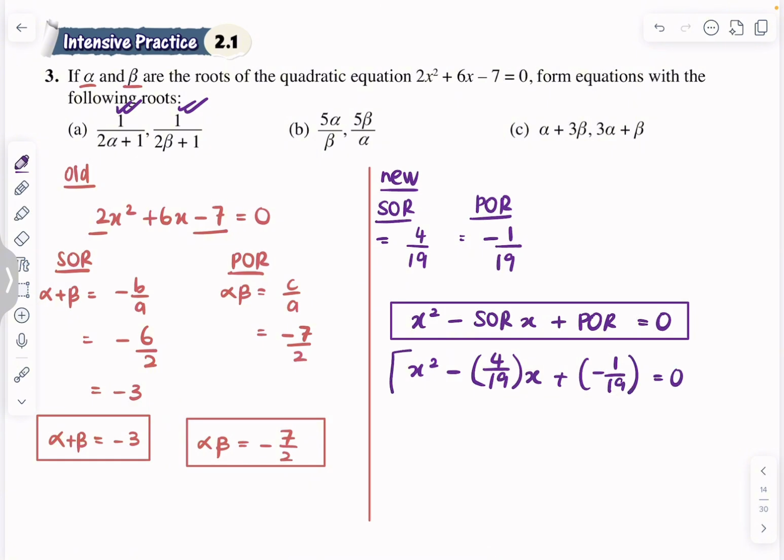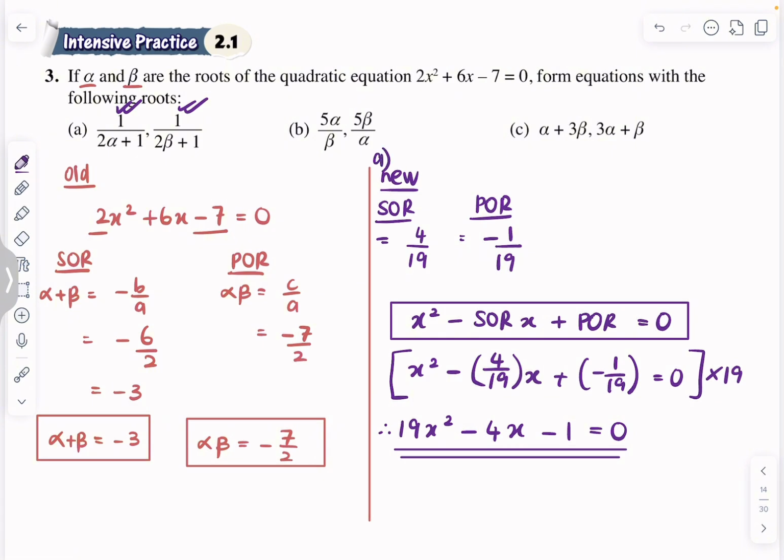Then this whole thing, we usually don't want fractions. So to get rid of 19, we multiply by 19. So we get 19x squared minus 4x minus 1 equals 0. This will be our final answer. Done. This is question A.